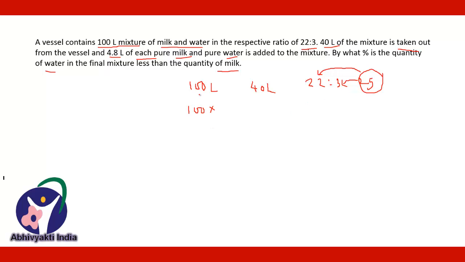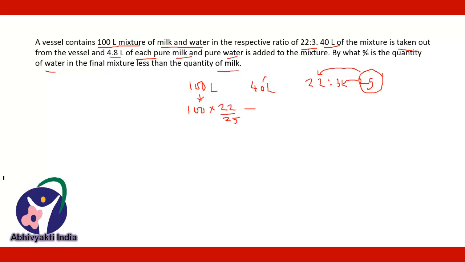So in 100 liters, 22 parts of milk are there out of 25 parts, from which 40 liters are removed.